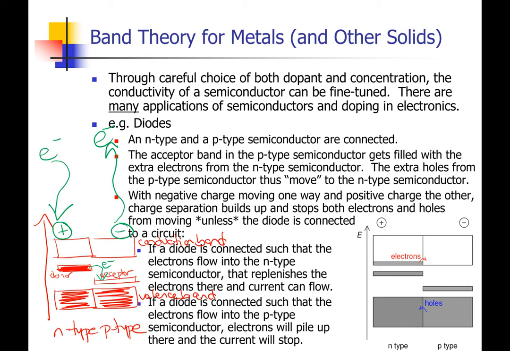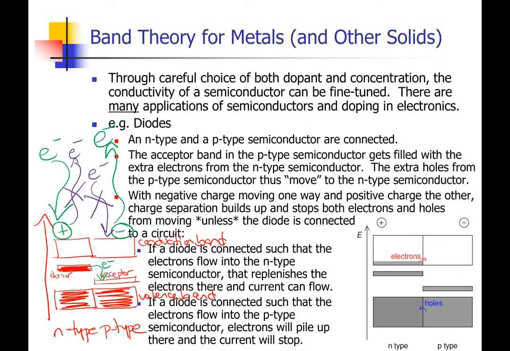That's completely reasonable. Current will be able to flow. If, on the other hand, you try to set up your circuit such that the electrons come into the negative end and come out of the positive end, well, that's not going to work. That's not how the charges are going to allow this to happen.